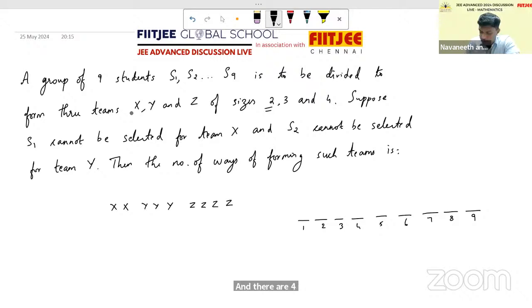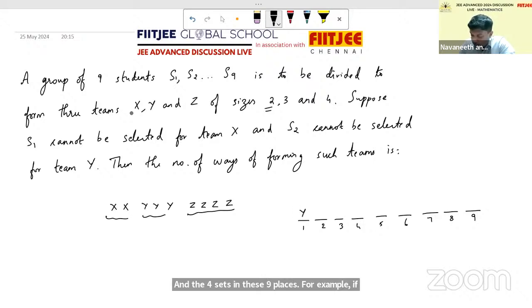Now I should do a permutation of these 2 X's, 3 Y's, and 4 Z's in these 9 places. For example, like this: Y, Z, X, Y, Z, Z. This is a permutation of 2 X's, 3 Y's, and 4 Z's.